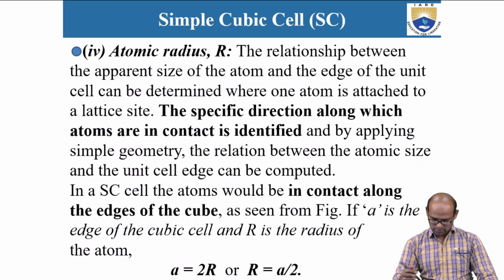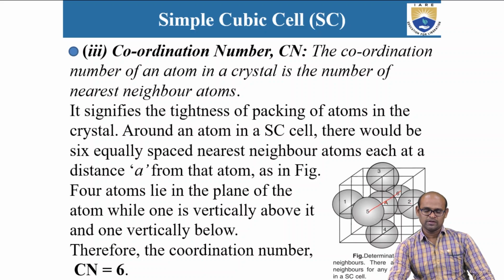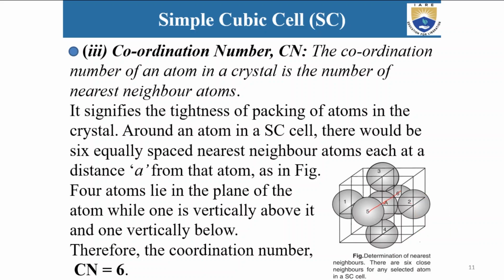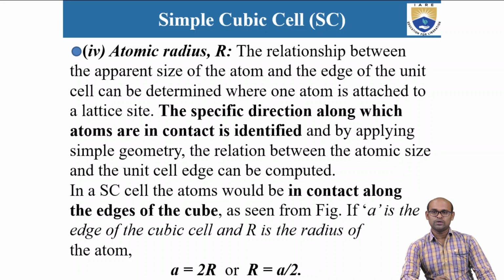So there are two atoms. If I take this axis for the atom A, then the fifth atom is at a distance A and the sixth atom is also at a distance A. So the radius is given by A by 2, or A is equal to 2R.